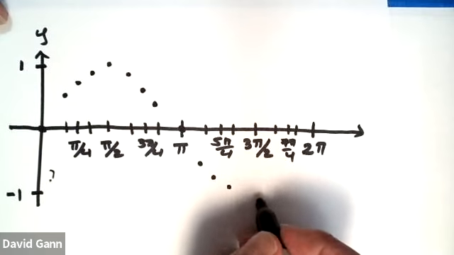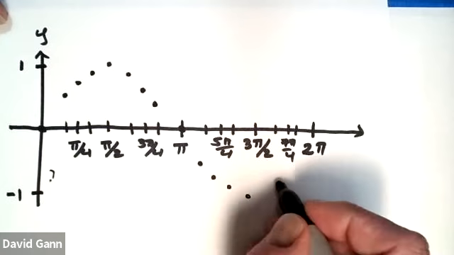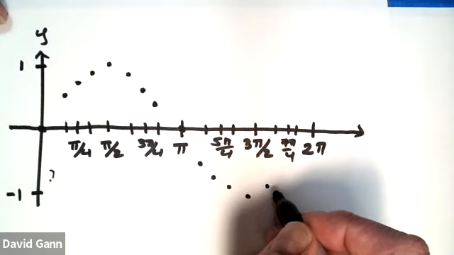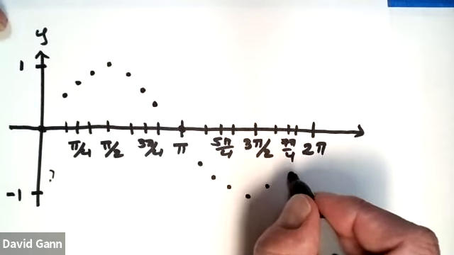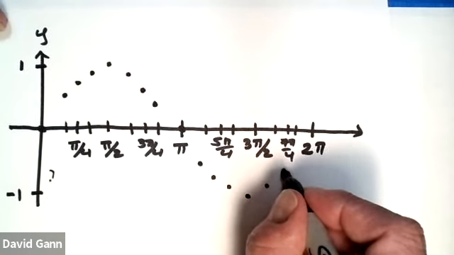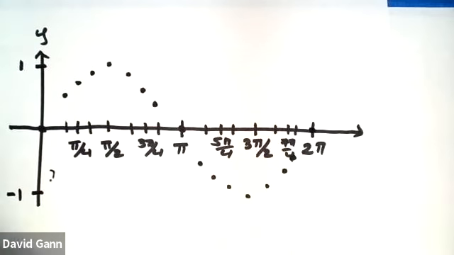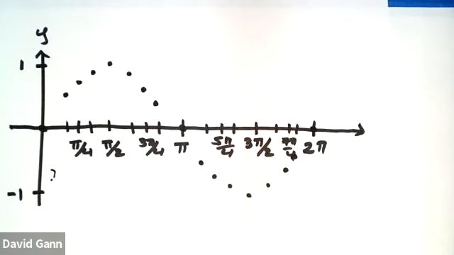And then finally at 3/2 pi, it's negative 1. Then it will start climbing back out, negative 0.87, negative 0.71, negative 1/2, and then finally 0 at 2 pi. So you can see the shape that's taking place here. I mean, at least we have some dots, if you will.